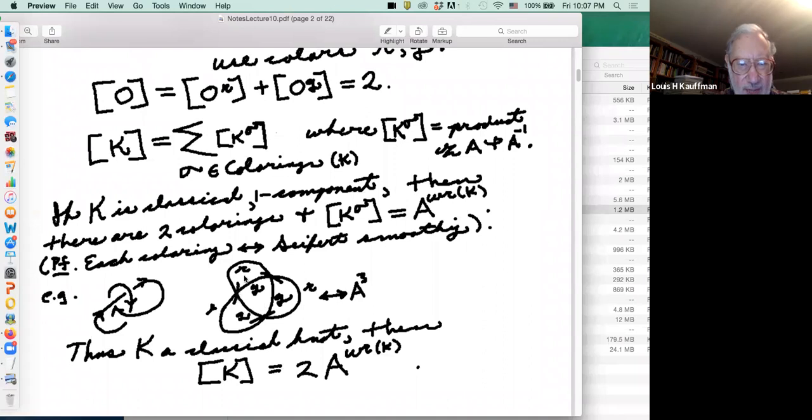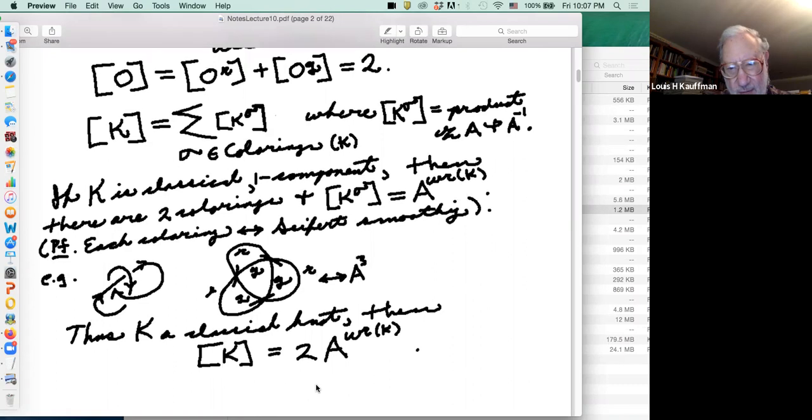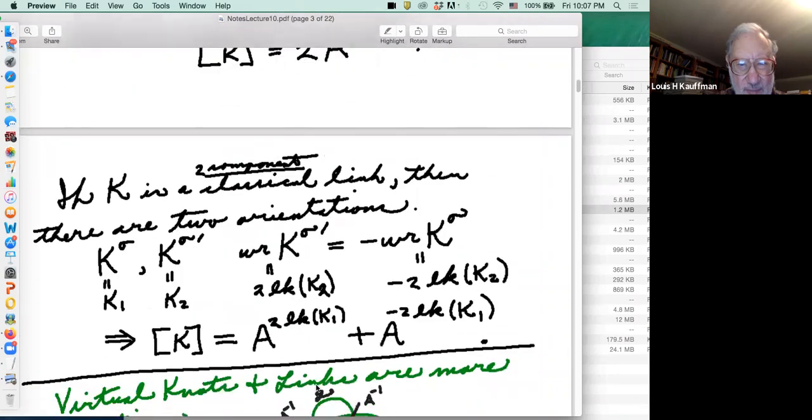And so you get A smoothings in each case, and so you get A to the writhe of K. And then, since there are two of them, this bracket will give you 2 times A to the writhe of K. And of course, that means that once you've normalized it, it doesn't give you any information for classical knots.